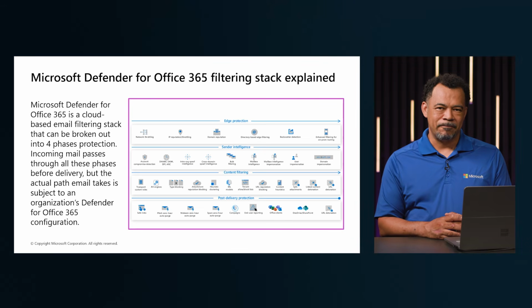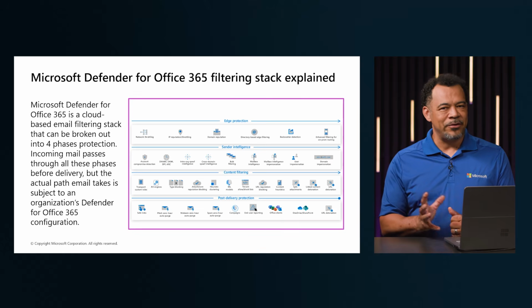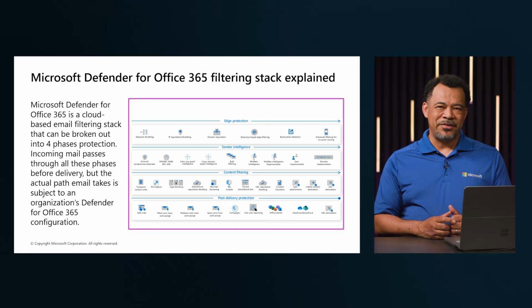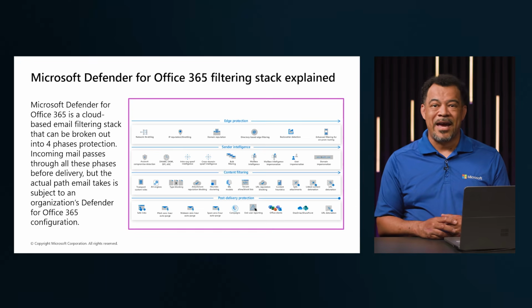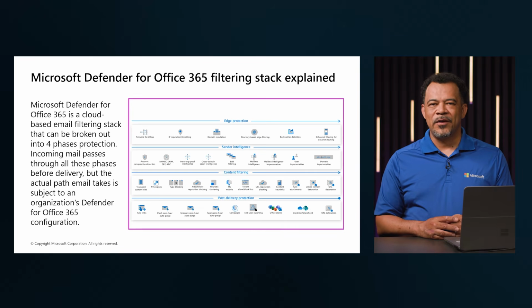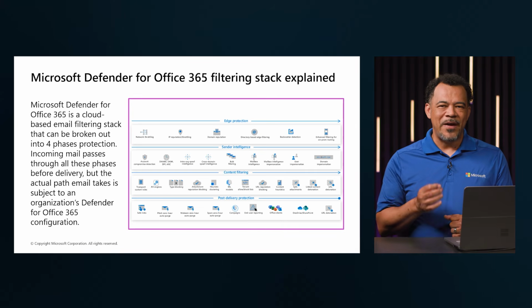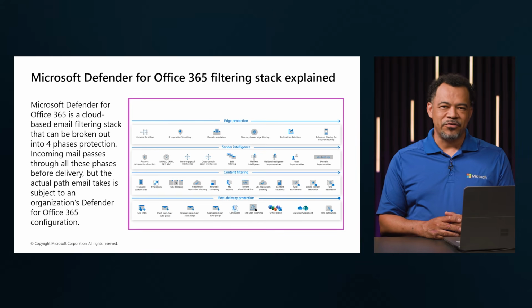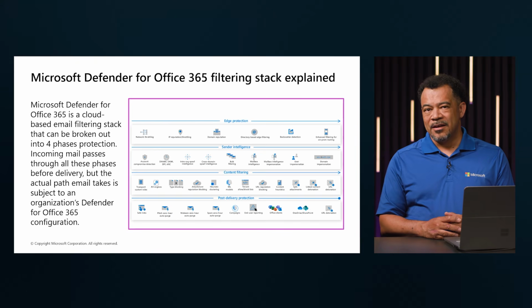new endpoints. In phase 2, we have sender intelligence. This feature in sender intelligence is critical for catching spam, bulk impersonation, and unauthorized spoofing of emails, and also factors into phishing detection. Most of these features are individually configurable.